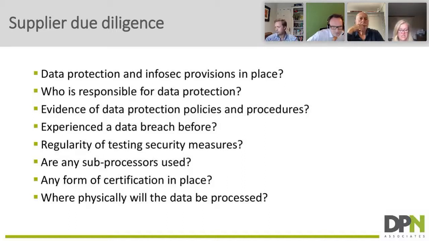Is there evidence of data protection policies and procedures? We want to make sure that the minimum is in place. Has that supplier experienced a data breach before, and what did they do? How regularly do they test their security measures? Are there any sub-processors in use? And often I've found in the ad tech space in particular, there's an awful lot of sub-processing going on.